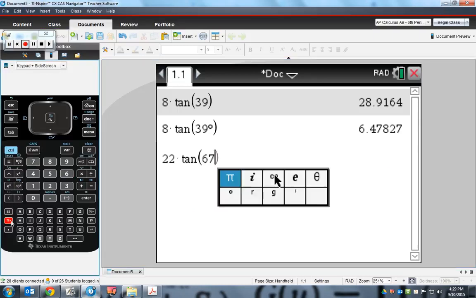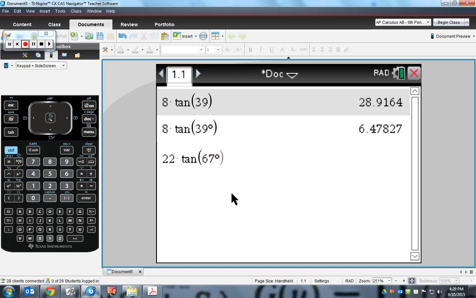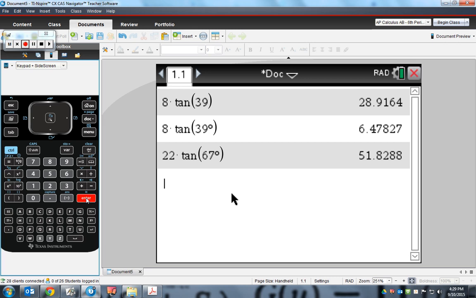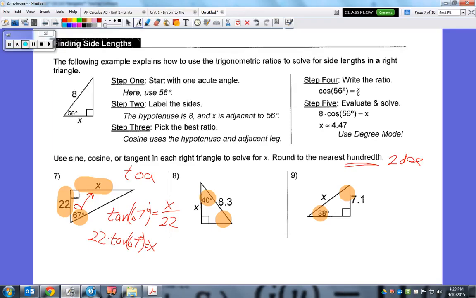And again, I'm going to leave it in radian mode. A lot of you might want to do that. I would prefer to do that if I were in your shoes. And just press Control Enter for those decimal places, and it's set to 2 decimal places, so it'd be 51.83. So 51.83 is what it would be rounded to.